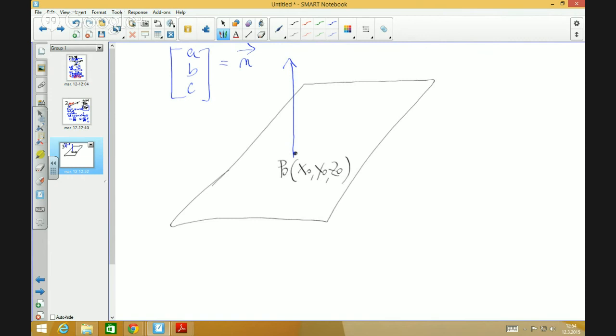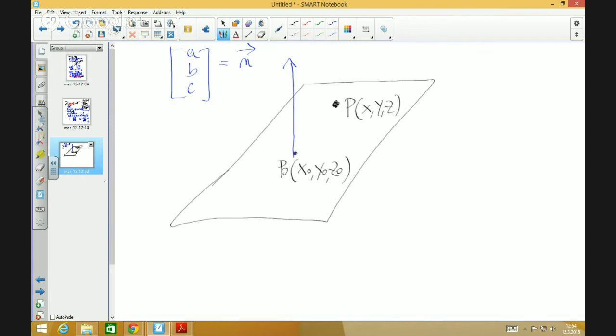Now, what should be true for a point with coordinates x, y, z in order for this point to lie on the plane where the point x0, y0, z0 lies, and which has this vector sticking out of it at 90 degrees.